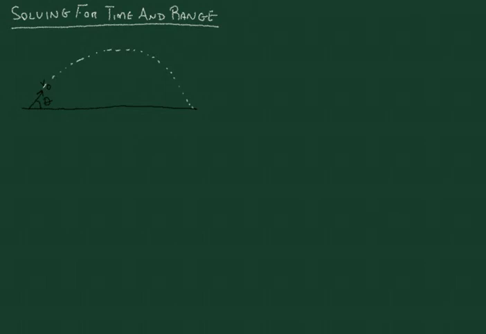Okay, so let's say we know some initial velocity or some combination of parameters, and we need to find the time that something happens in.